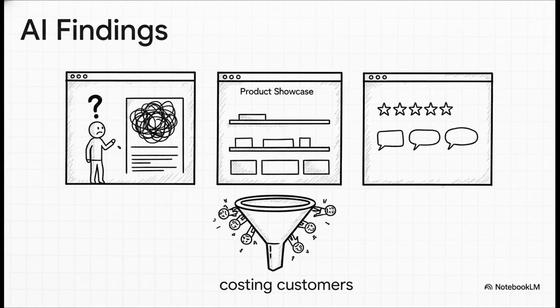That means visitors have no easy way to even ask for a quote. Second, it's missing a structured product showcase, so it's kind of hard to tell what they even sell. And third, no visible trust signals. We're talking testimonials, certifications, anything like that. And here's the crucial point. These aren't just random facts. These are genuine business pain points that are probably costing them customers right now.